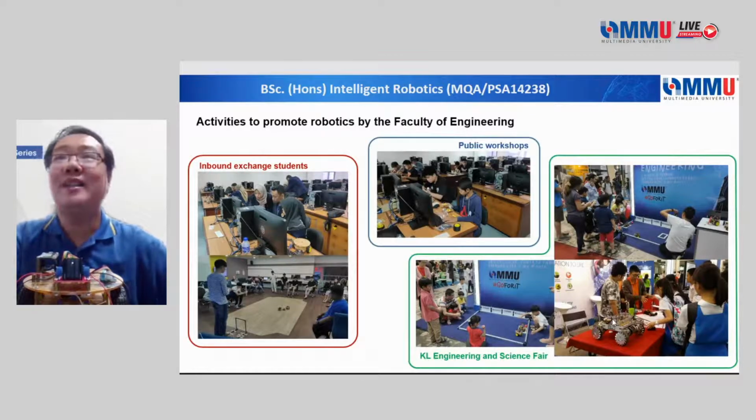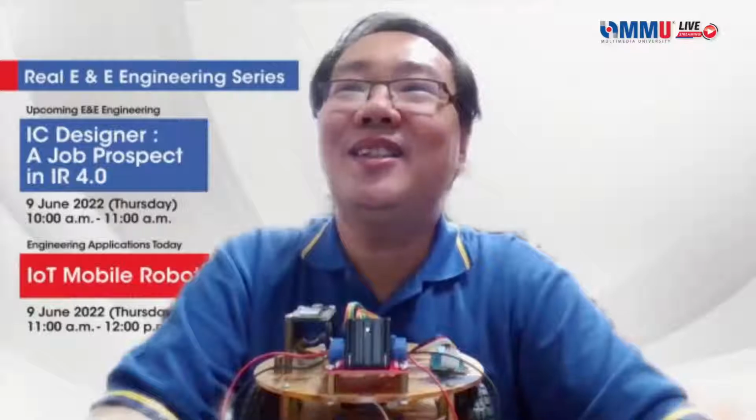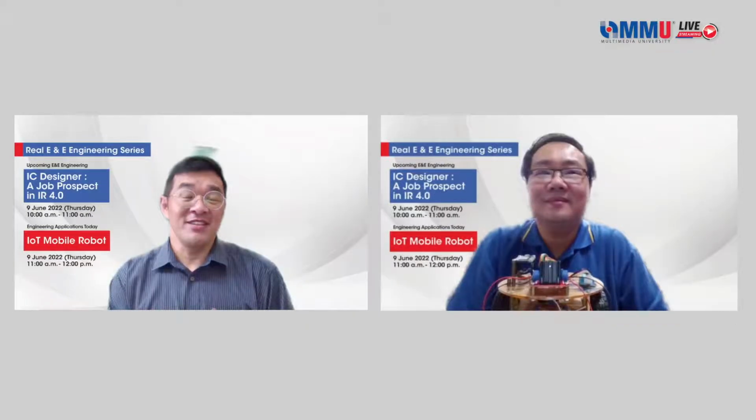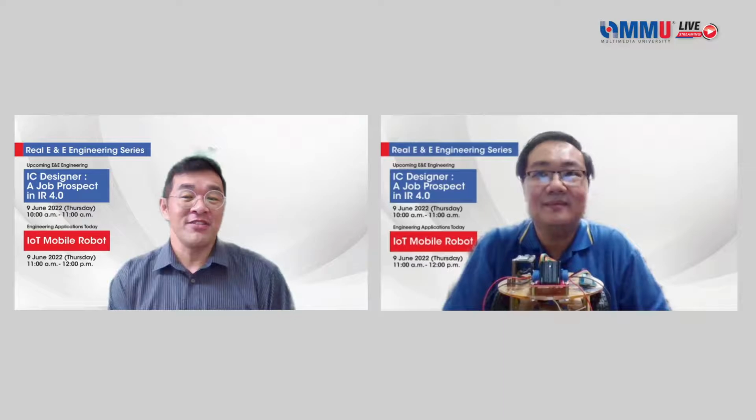So I think that's all for me. Any other questions? That was a very great sharing from Dr. Law about his IoT mobile robot car, as well as the undergraduate degree, the Bachelor of Science in Intelligent Robotics.